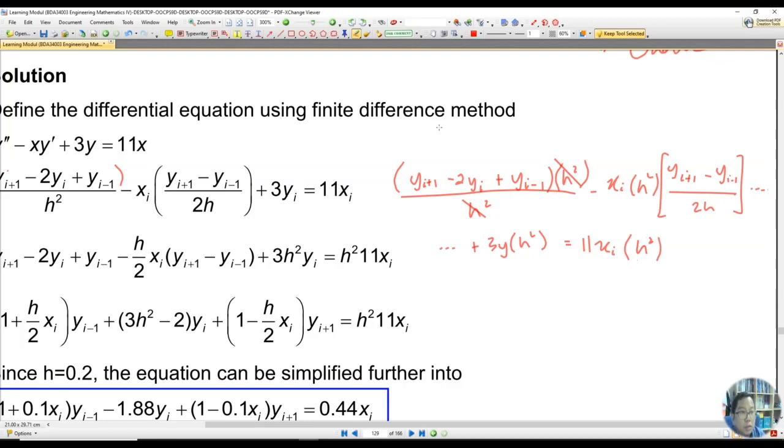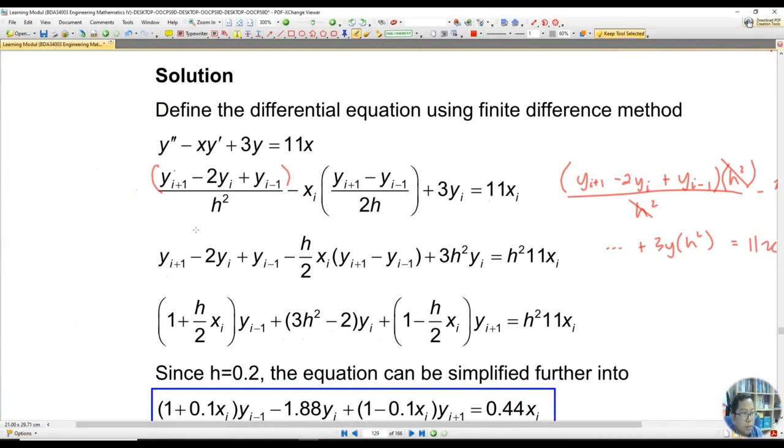So in this case, h squared is already eliminated by this h squared. But for this h over 2, when we divide, you eliminate this, and it will be h over 2. And the rest remains.